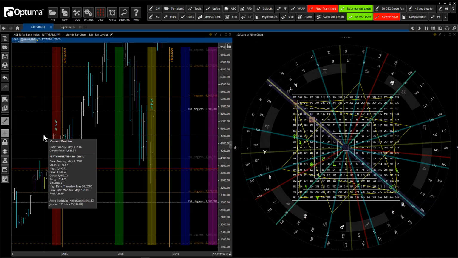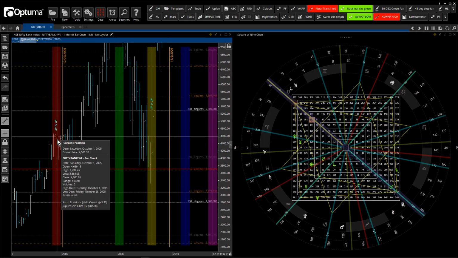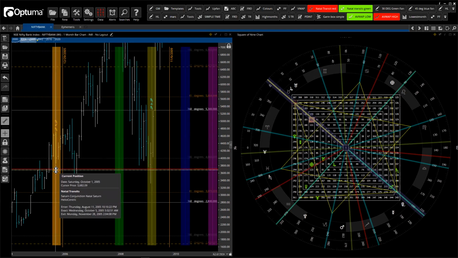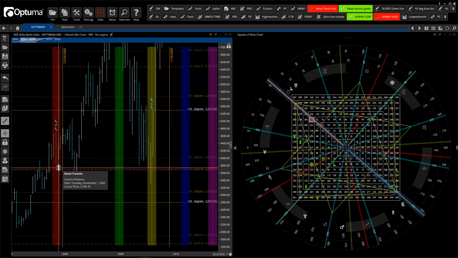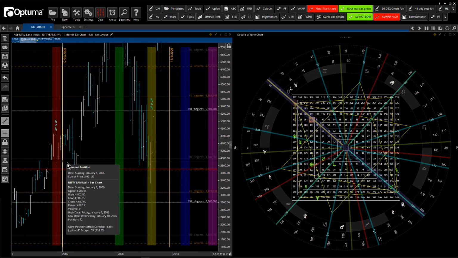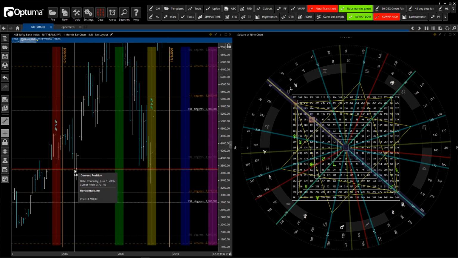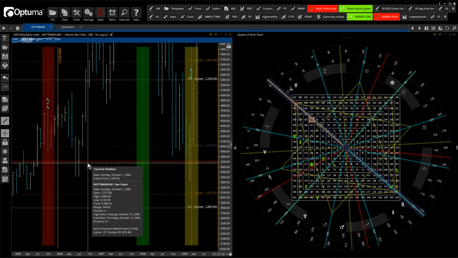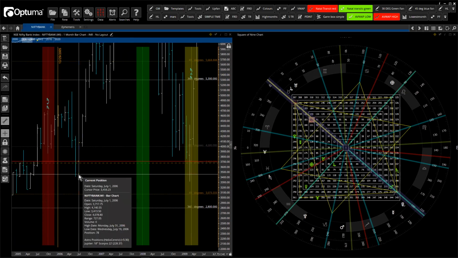Sorry, where's the number? Yeah, 4,600, and it drops down. And well, natal position is down here at 3680, price gets down to 3870. And then in a couple months, we actually see the connection here to the actual price. We see the actual takeoff this month on the low.